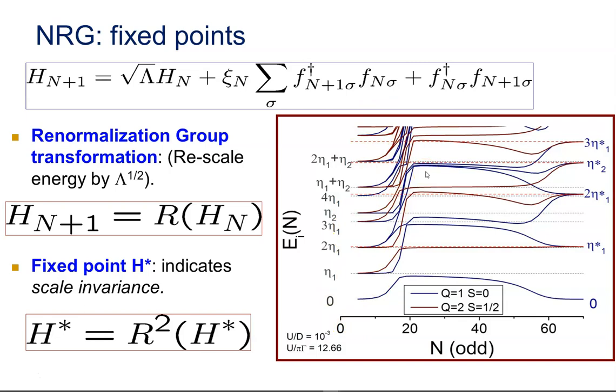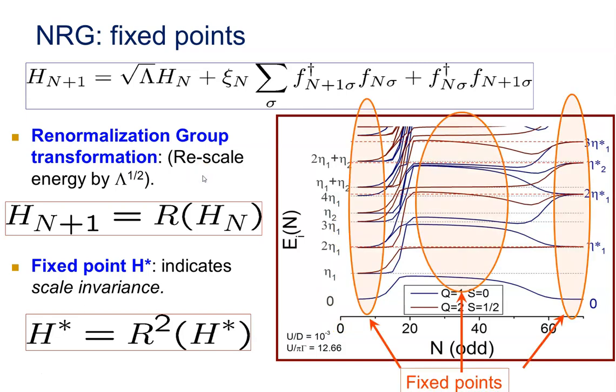In this region, the spectrum is very similar. It is also similar in this one. So the energy levels, as I add, say, 5 sites, do not change much. And here too. Here it's more like an unstable fixed point. But these are the fixed points, the points where the many-body spectrum doesn't change much.